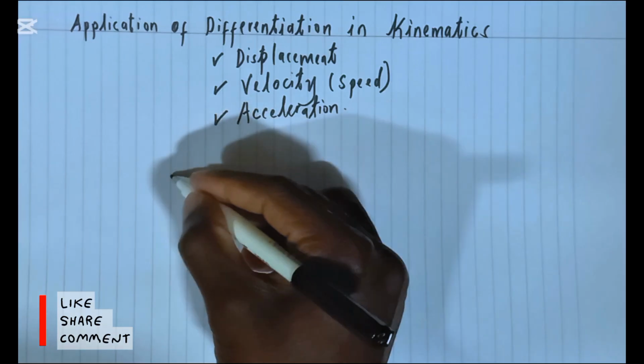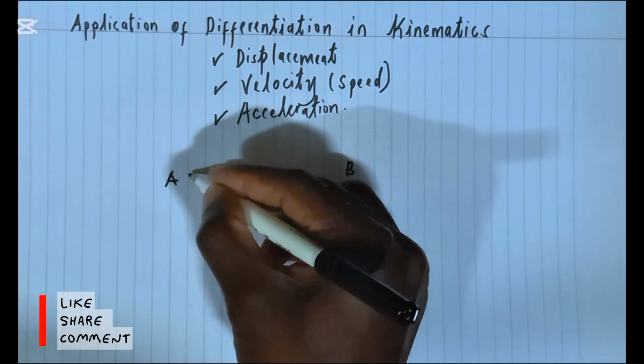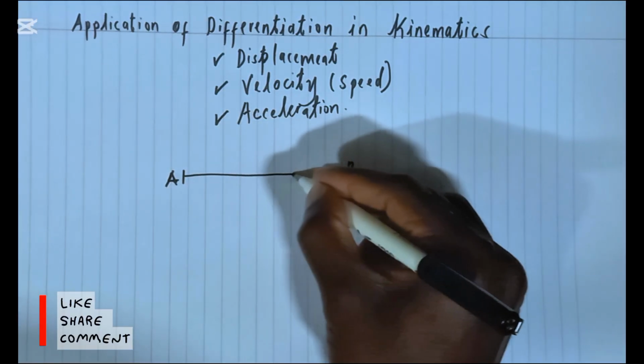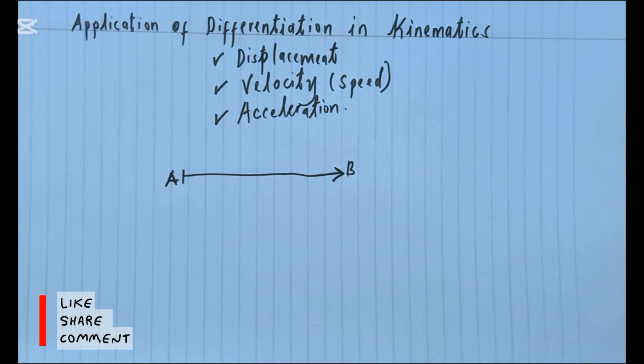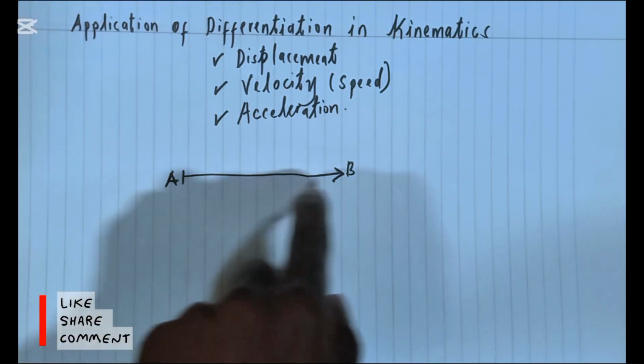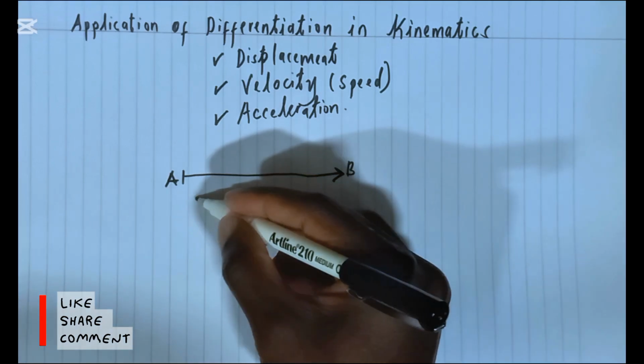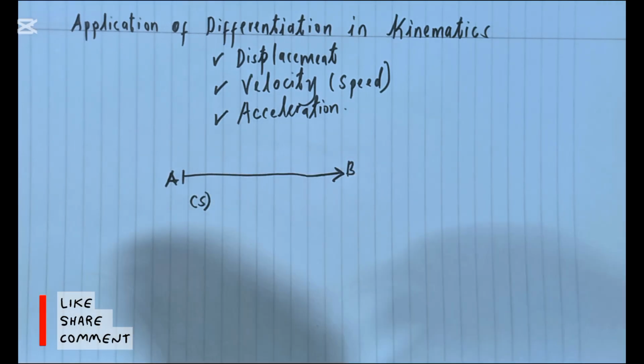So let's say that we have point A and point B, and we have an object that is moving from point A to point B. The distance that it covers from A to B will be described by a function called displacement, and it is usually with respect to time. Let me give you an example of how a displacement function will look.